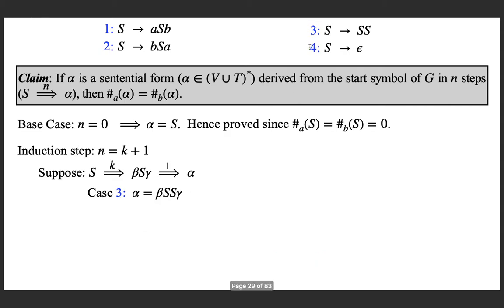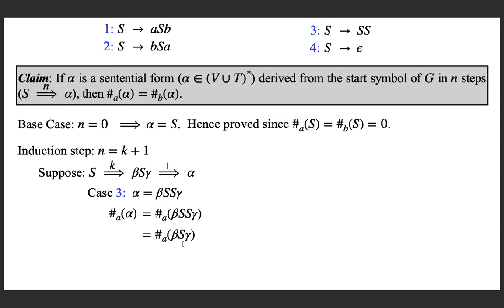Now for case 3, that is when we replace capital S with SS, this is exactly what we are getting. So what is the number of A's in alpha? You can see that it's exactly the same as the number of A's here, because the only difference is the presence of capital S, where there is no A. So this is exactly the same as this.